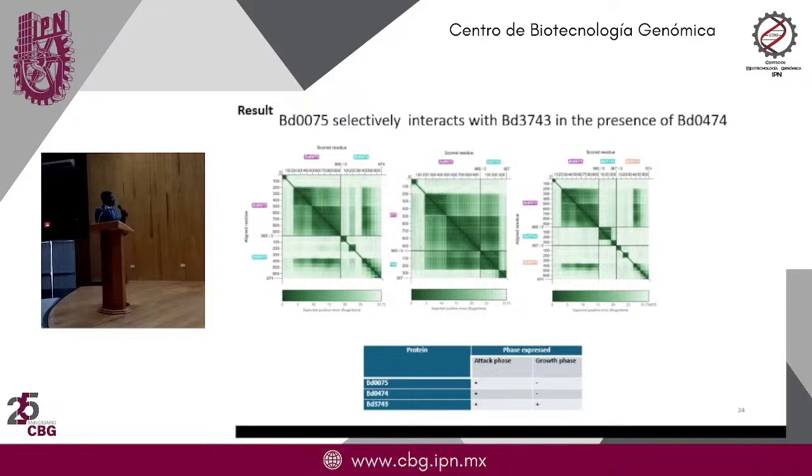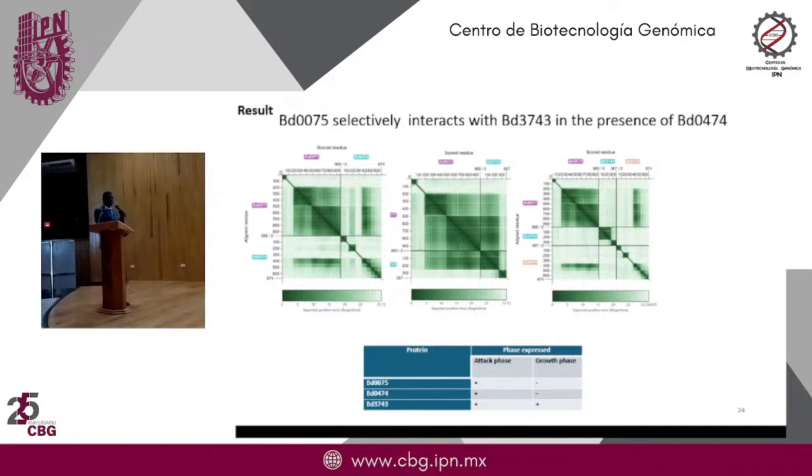So, we found that these 3 proteins show this kind of competition between them. We're now interested in at what time point or at what phase these proteins are expressed. So we found that 75 is expressed in the attack phase, 474 is expressed in the attack phase, and 3743 is expressed in both phases, both in the attack phase and in the growth phase.